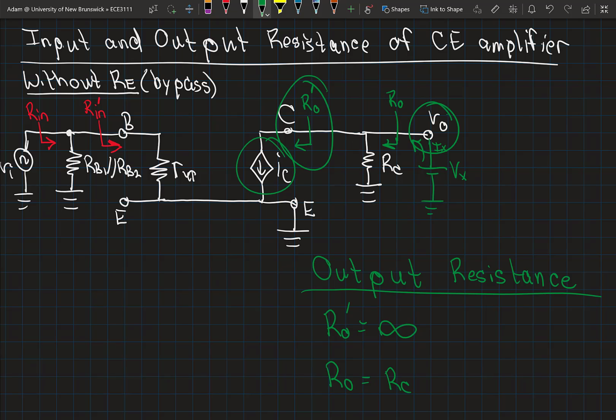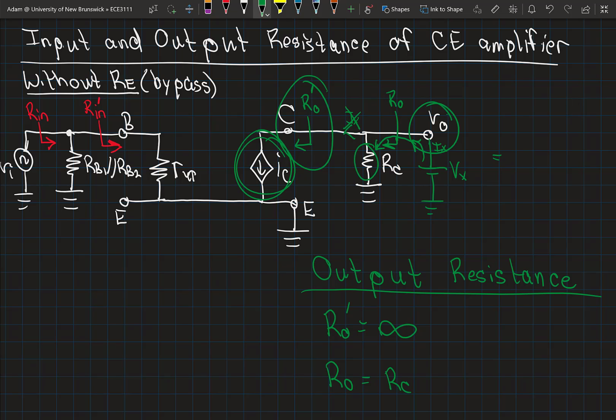In this case, the only path Ix has to flow, no current is going to flow this way, because again this appears as an open circuit. So our only path is through RC.